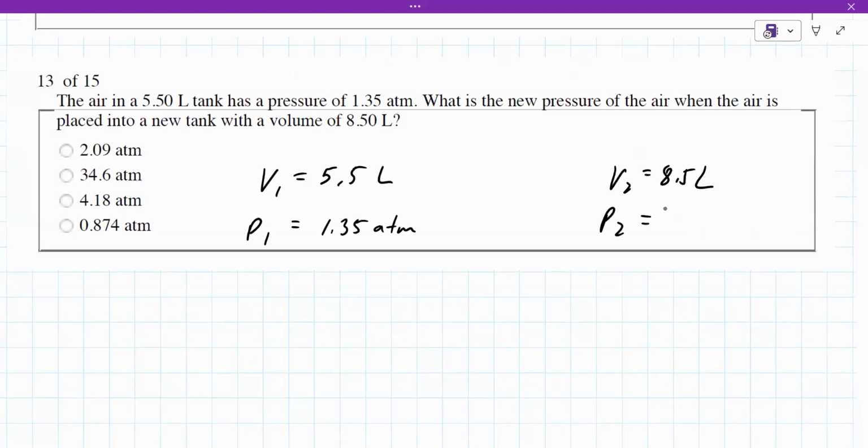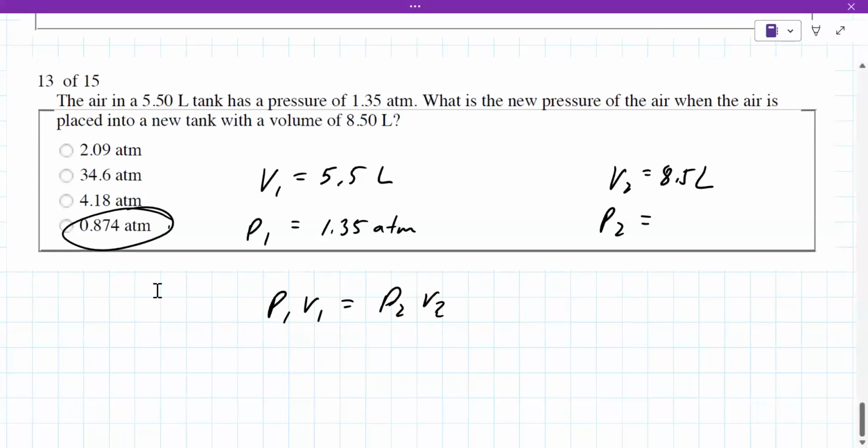It's just multiply 1.35 times 5.5, 7.425, and then divide by 8.5. Okay, 0.87. There you go.